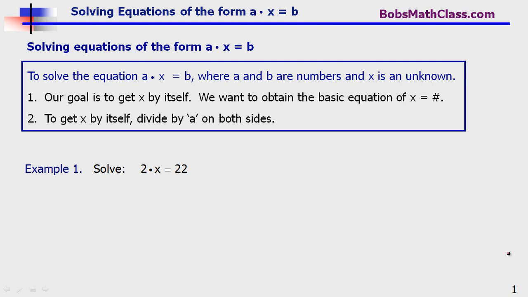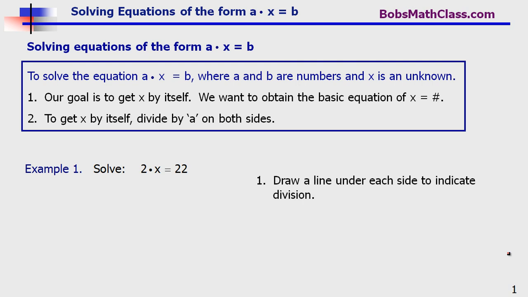Okay. 2 times x equals 22. One way we think of division, or one way we use fractions, is for division. A fraction, as we learned previously, is used as a division problem.